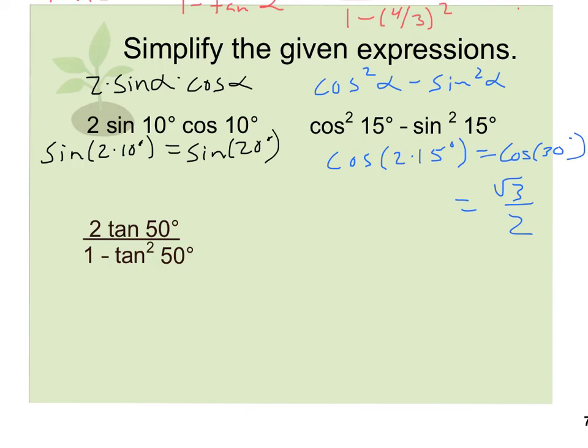This next one definitely looks like the double angle formula for tangent with alpha equal to 50. Sine and cosine are a little more work, but tangent is the only one that involves tangent, so it's easier to distinguish. 2 times 50 is 100, similar to the first one. There's really nowhere to take that as far as an exact answer, so we just leave it as tangent of 100. That's all you're going to see in the first day's homework: double angle formulas, just simplifying basic expressions using those formulas.